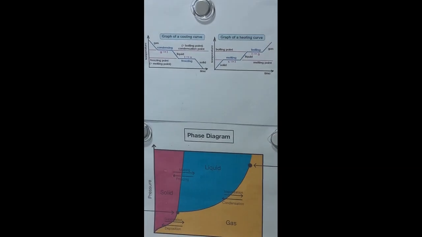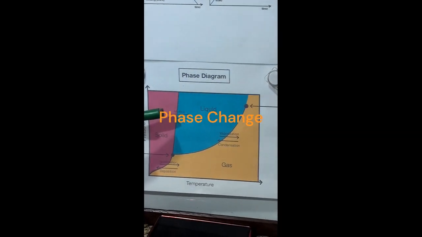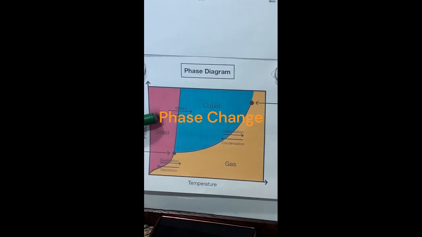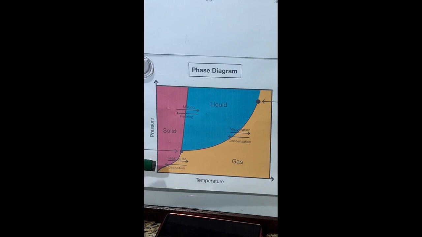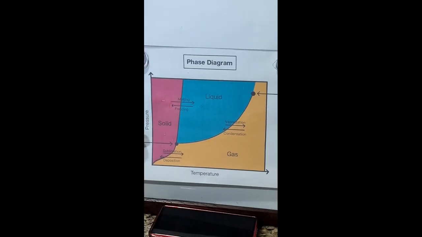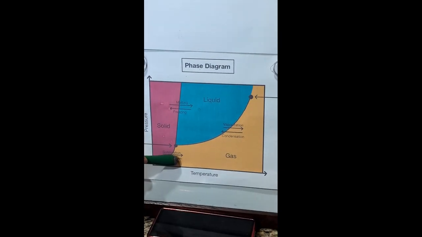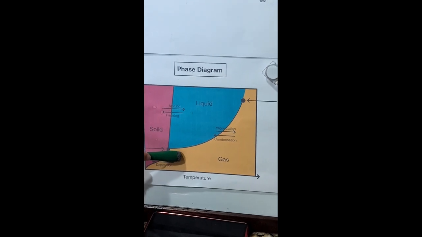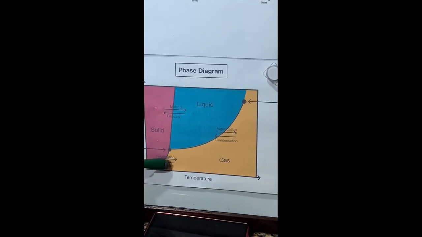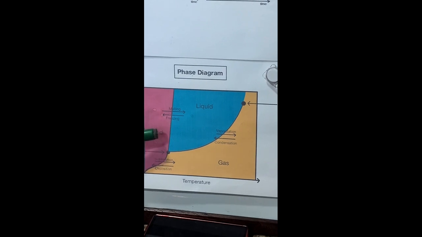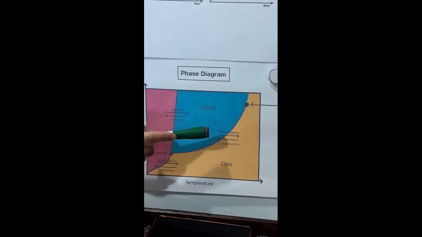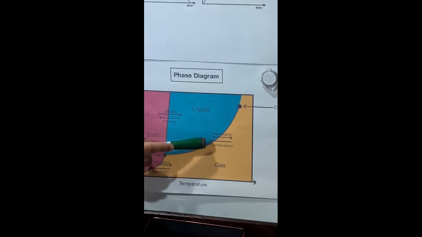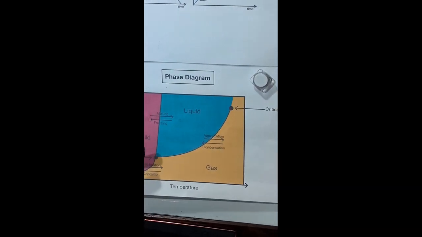Phase change. A phase change diagram shows how a substance changes between solid, liquid, and gas, depending on temperature and pressure. These are phase boundaries. These boundaries represent conditions where two phases exist together. Solid to liquid is melting and freezing, liquid to gas is boiling and condensation.